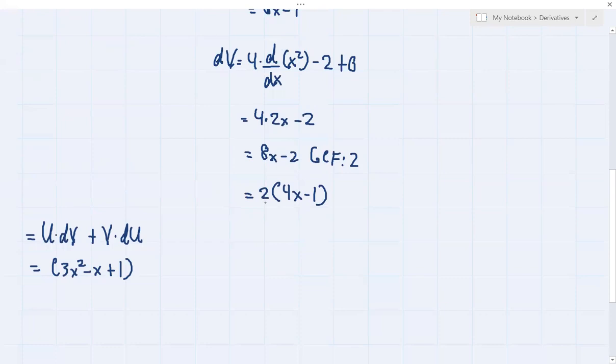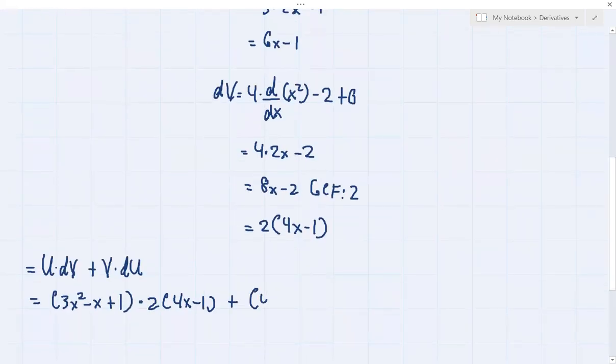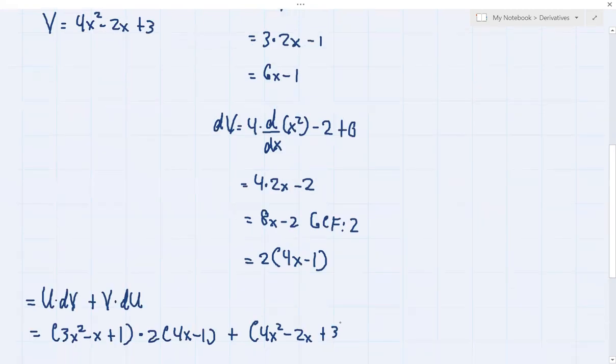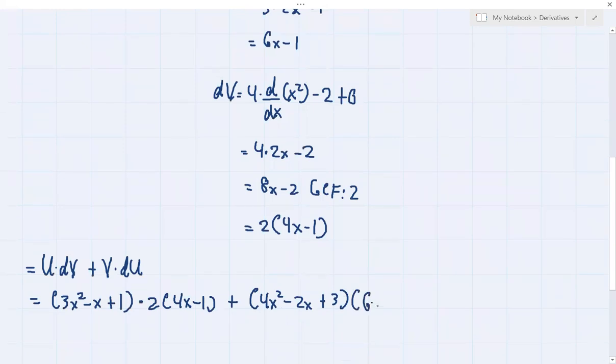Times dv, which is ito. So, times 2 times quantity 4x minus 1. Plus v, which is ito, si 4x squared. So, we have 4x squared minus 2x plus 3. Tama ba ako? Okay. Then, times si du, which is 6x minus 1.